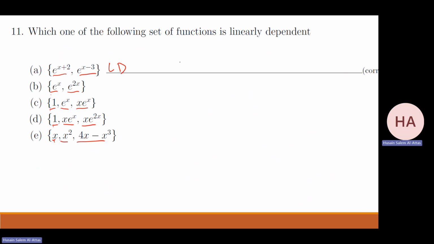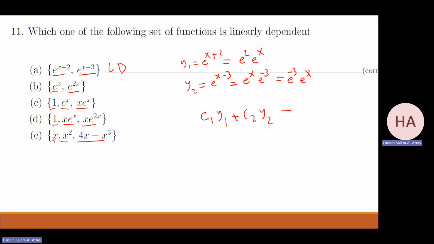So I note y1 equals e to the power x plus 2. This is e squared times e to the power x. And y2 is e to the power x minus 3. This is e to the power minus 3 times e to the power x. So they are constant multiples of e to the power x. Now if I put c1 y1 plus c2 y2 equals 0, can I choose c's so that I have this relation?